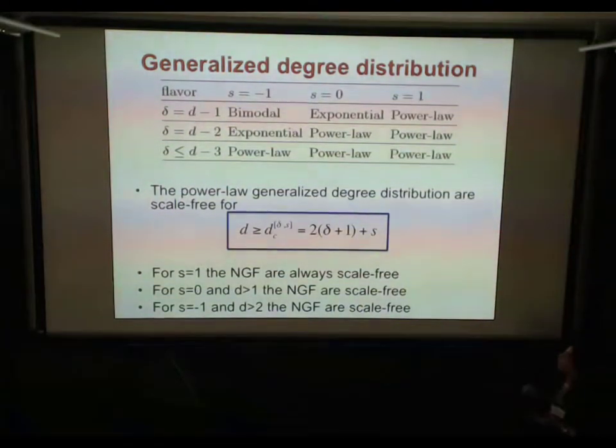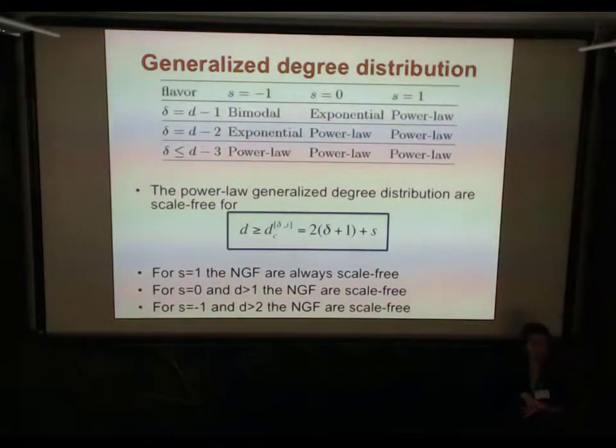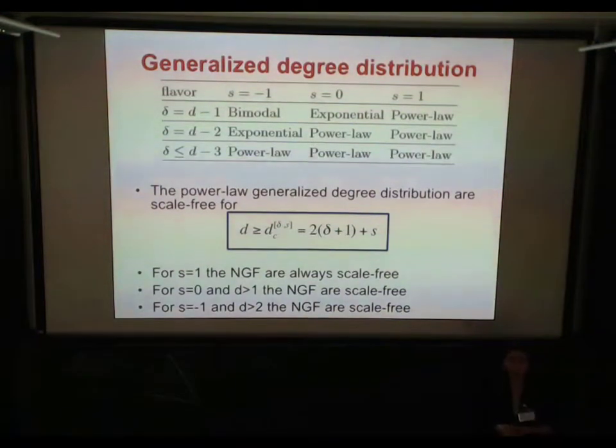All the delta faces are all power law, and for S equal to 0, the D-1 face is exponential and the other power law, and for S equal -1, one is bimodal, one is exponential, and one is power law. So depending on the dimensionality. So the generalized degree distribution of the triangle is bimodal, because you can only put 1 tetrahedron or 2 tetrahedra.